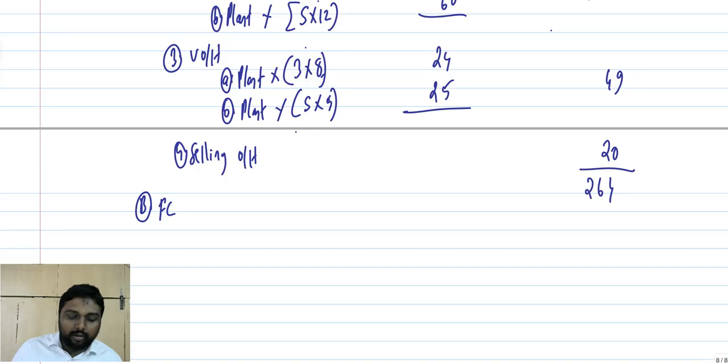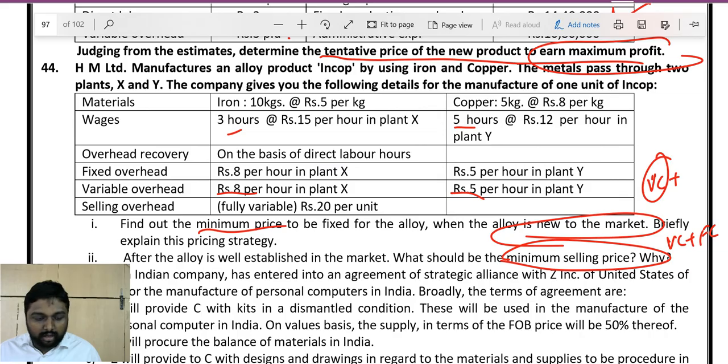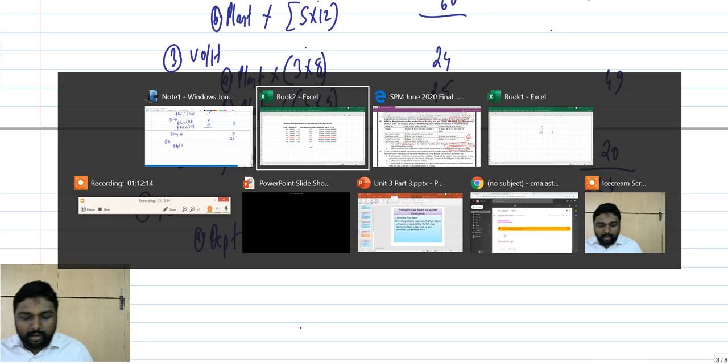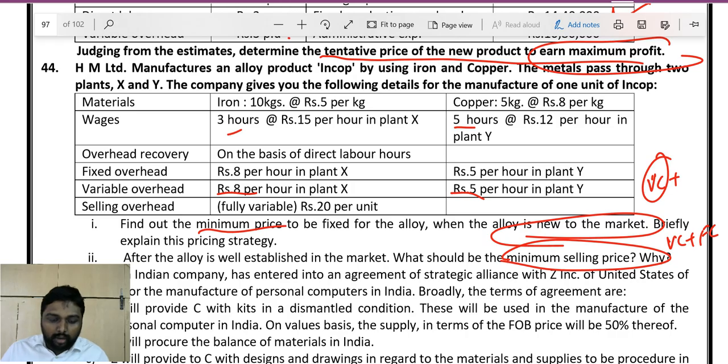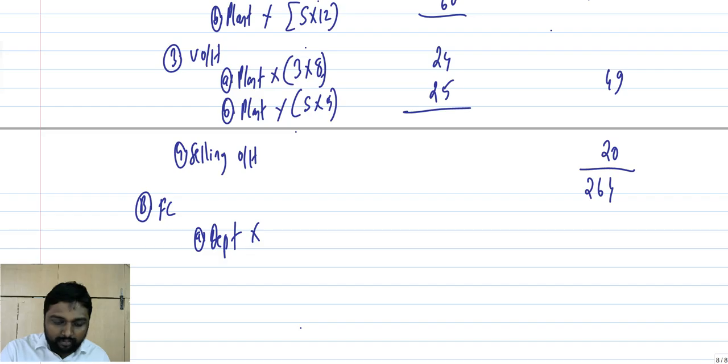Now we will go with fixed cost. What is the clue for fixed cost? We have Department X. What is the clue? That too is rupees 8 per hour. So 3 into 8, 24.